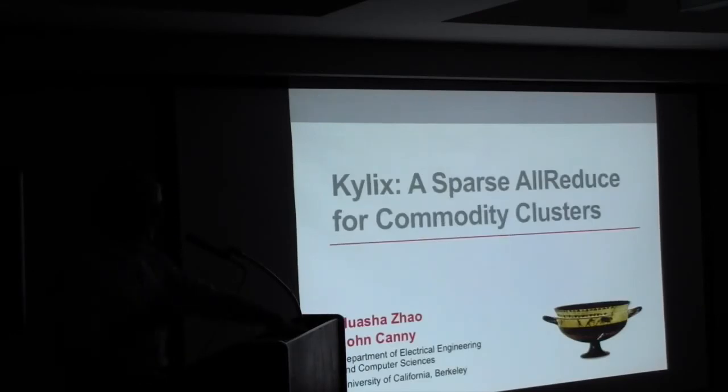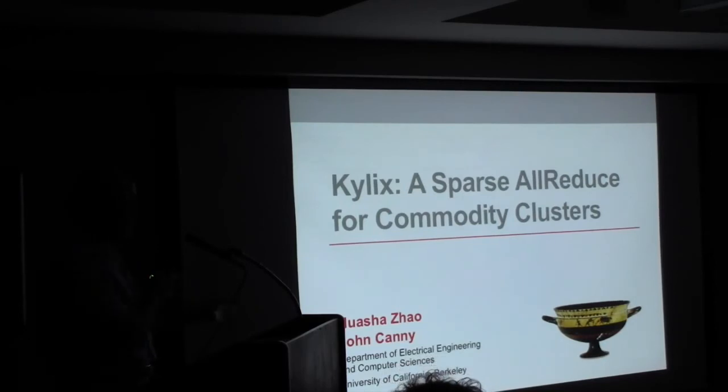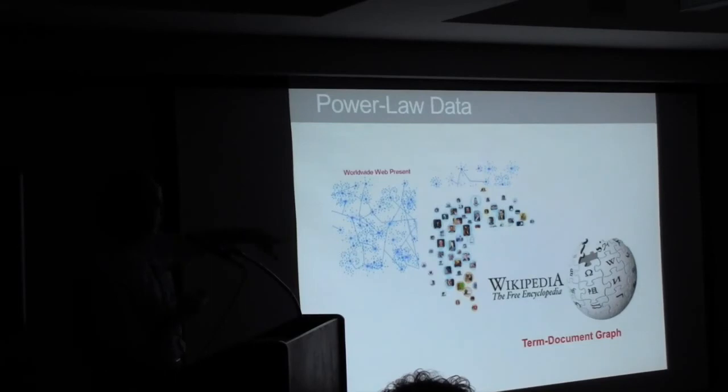So the last thing I will talk about is our work on sparse Allreduce. Here we were trying to construct an optimal Allreduce, an optimal synchronization primitive, for sparse data. As you see, it's a little bit more complicated than the dense case. Among other reasons, the data itself has a very asymmetric frequency.